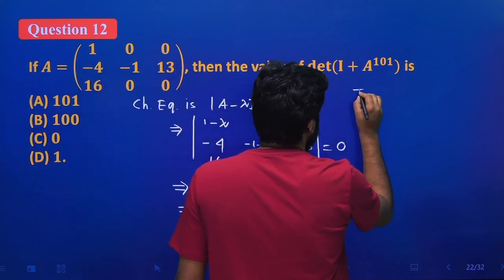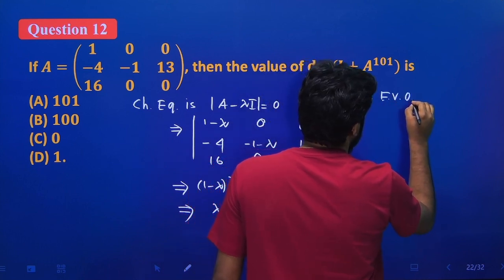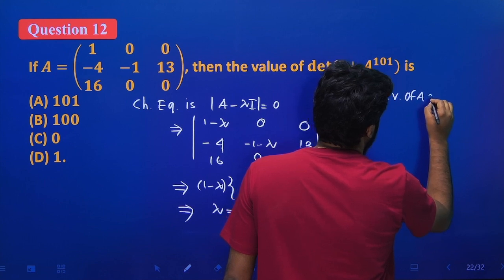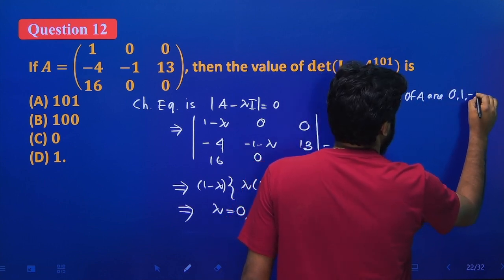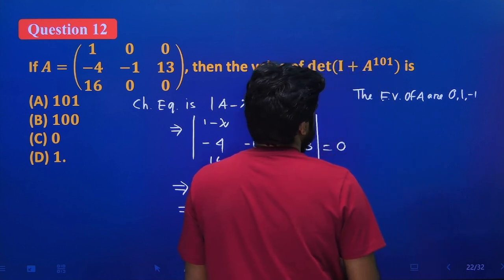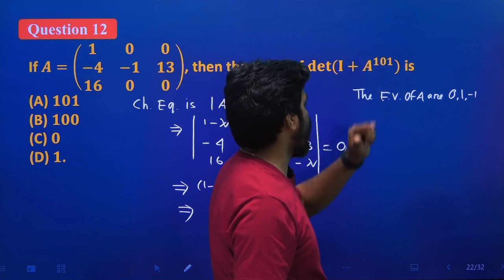Right? We have to calculate the determinant of I plus A to the power 101.